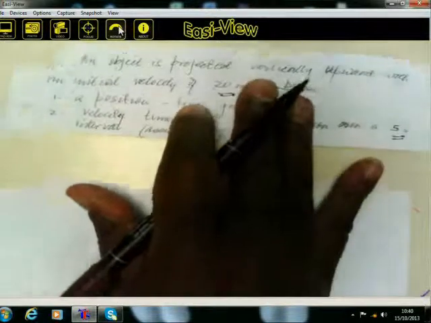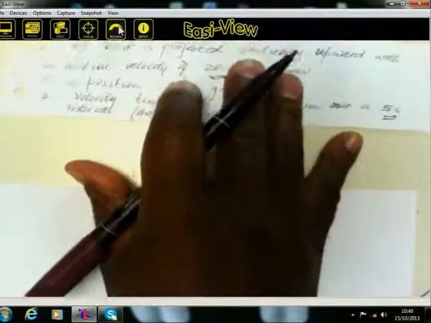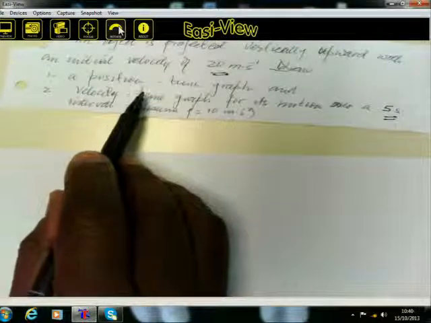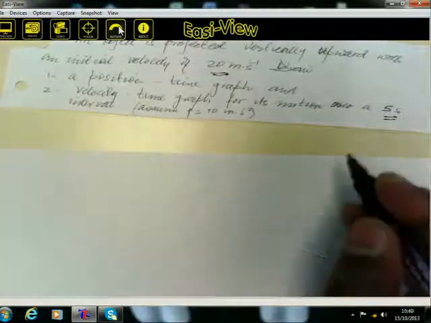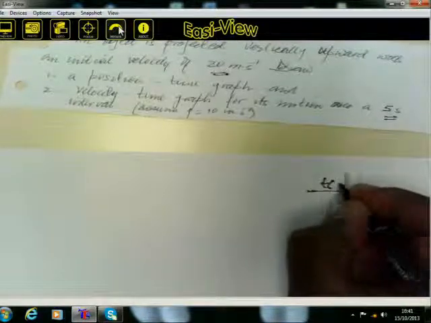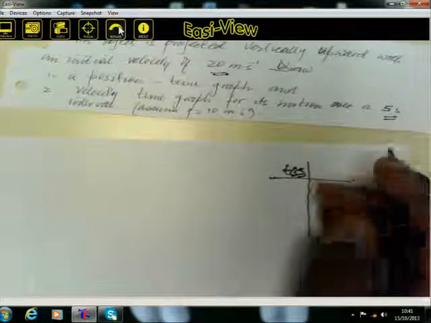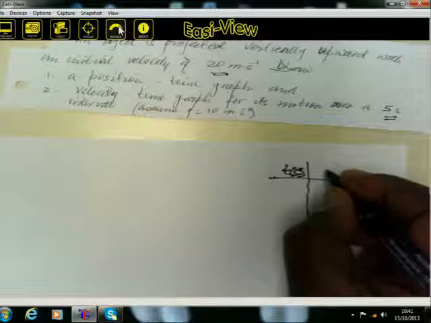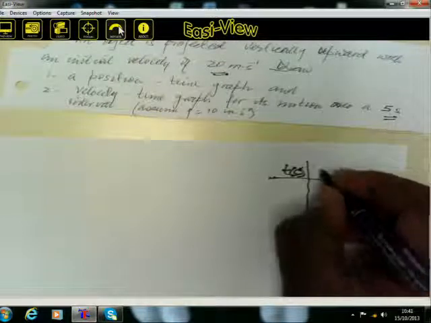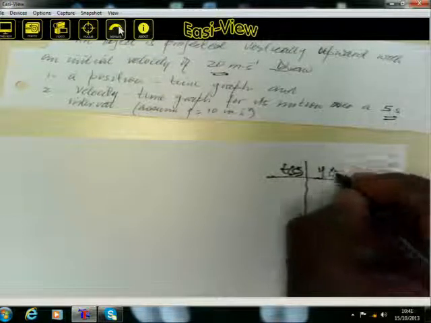Now to answer this, in order for us to draw a position time graph, we need to determine the position of the object. Let's say this is our time in seconds, and that will be the position in meters.